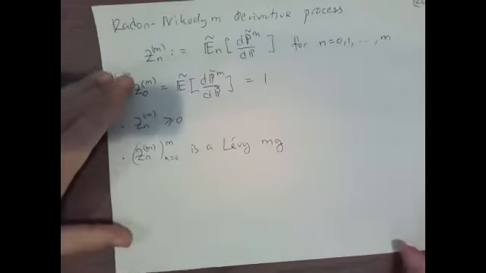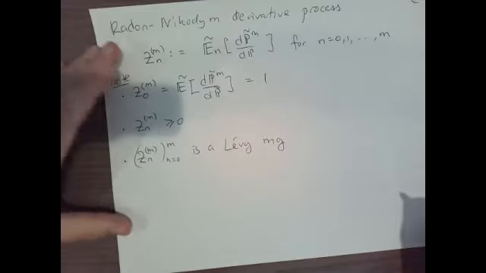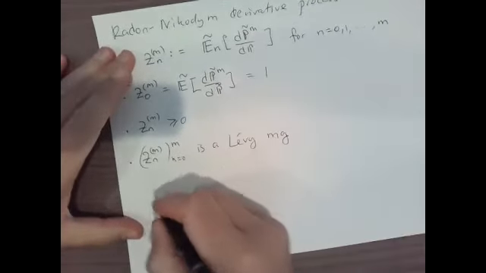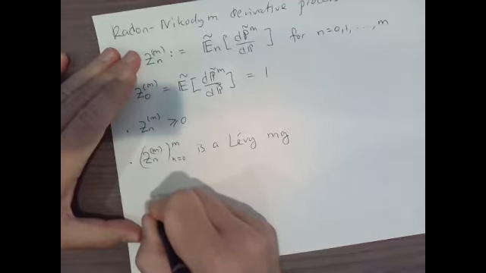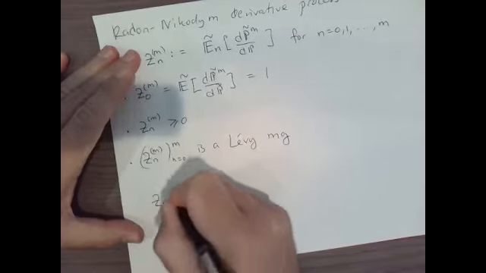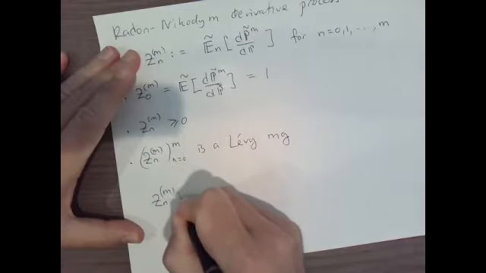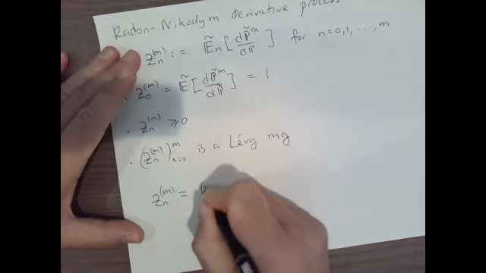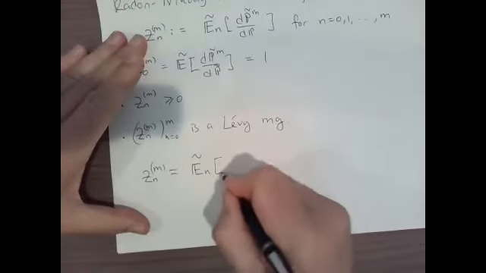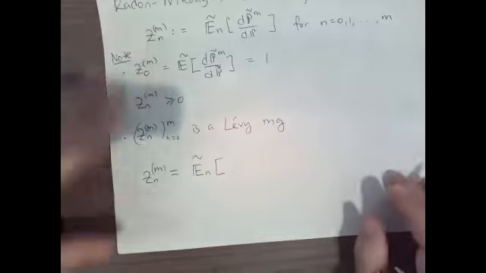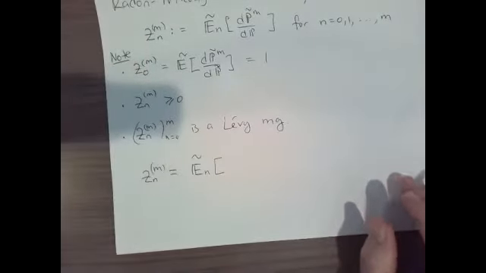Let's try to work out what we have here. Can we work out what this thing is? So C N M tilde, this is the expectation under the tilde measure of this dP tilde M over dP.